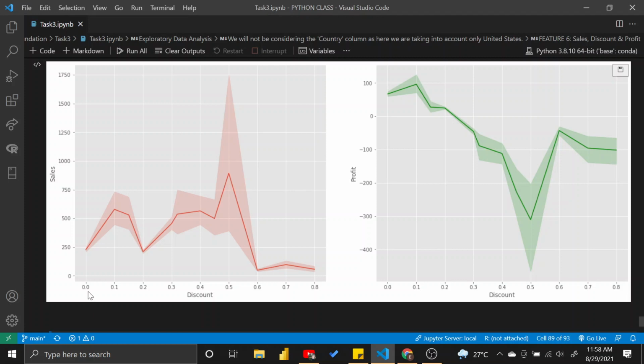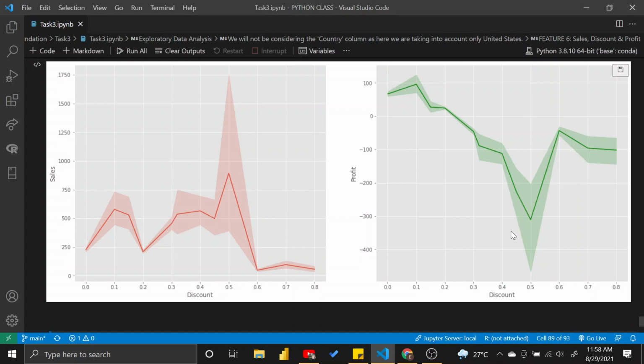At zero discount, let's say 0% discount, your profit is pretty high, and your sales are actually low compared to the rest of the plot. But as you reach 50%, if you give a 50% discount, your sales have increased. But at 50% discount, your profit has reduced.